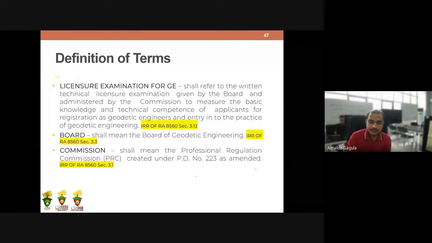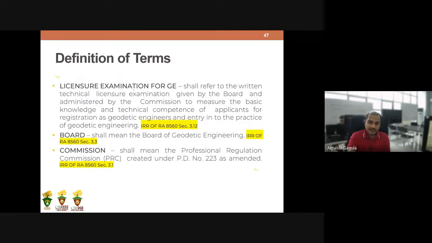Next, so let's talk about the licensure examination for geodetic engineers. So ang licensure examination for geodetic engineers para mahimo ang registered, refer to the written technical licensure examination given by the board and pagwintang board of geodetic engineering and administered by the commission or the PRC to measure the basic knowledge and technical competence of applicants for registration as geodetic engineers and entry to the practice of geodetic engineering.